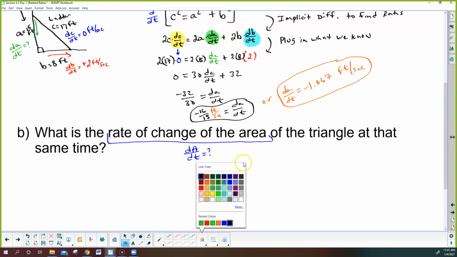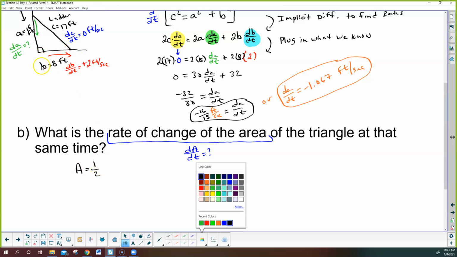Well, that tells me I need to use the area of a triangle. And since I used A, B, and C already, let's use those same variables just to write our equation. So area is 1/2 the base times the height.